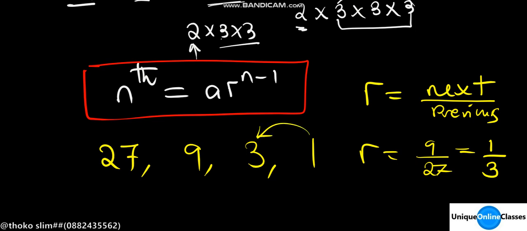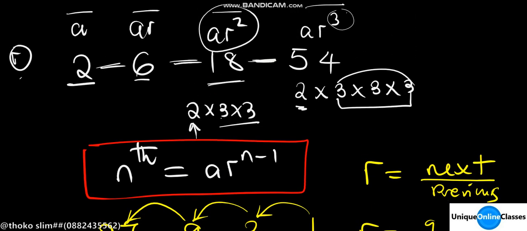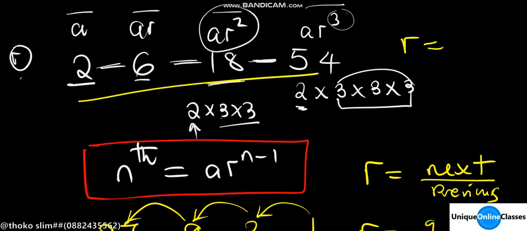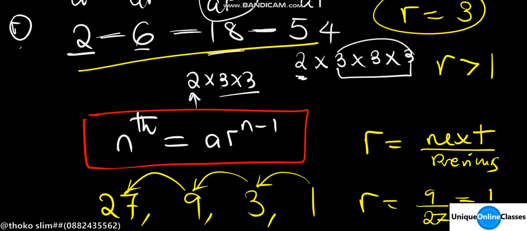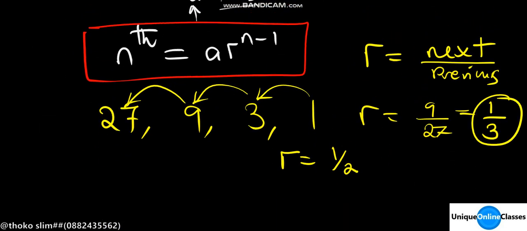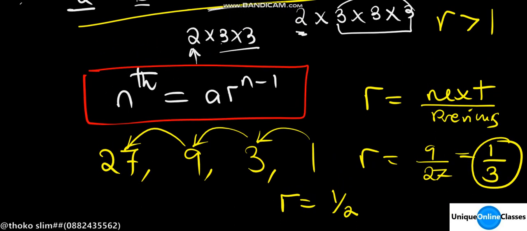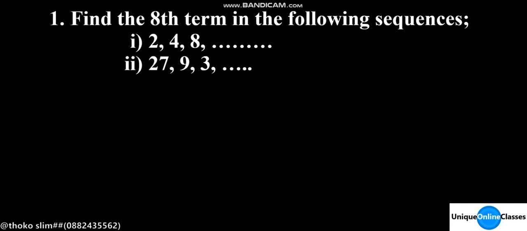You can see that r for the second sequence is 1 over 3, and for the first sequence r is 3. Note that when r is greater than 1, the sequence increases, but when r is less than 1, like this one here, the sequence decreases. You can see it is descending.